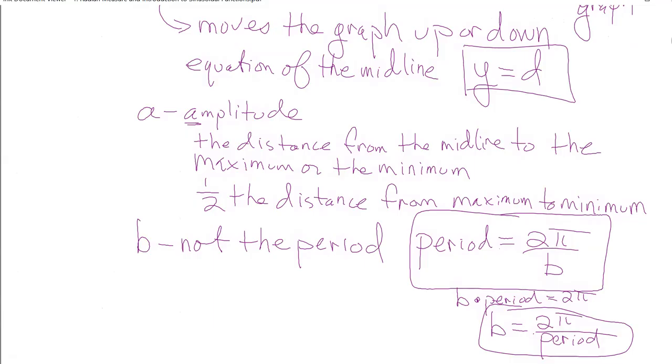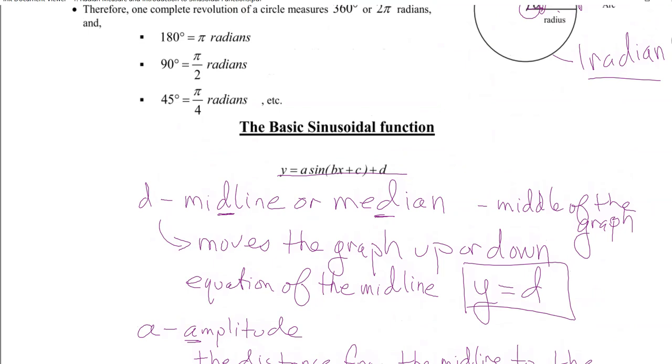Okay, so C is called the phase shift. Oh, D, by the way, formally, D is called the vertical displacement. Vertical displacement.